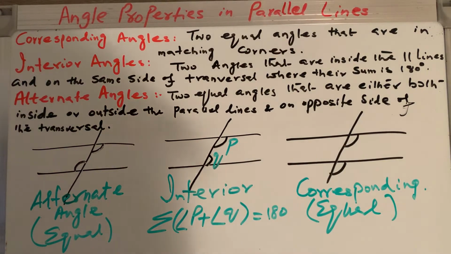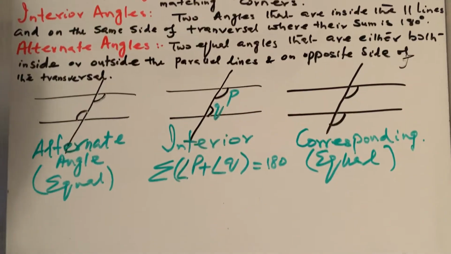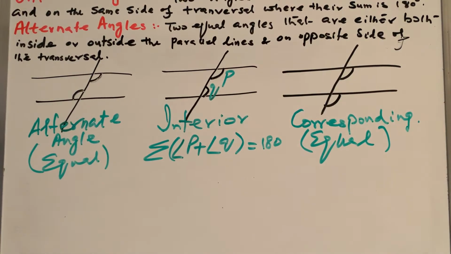Now we will do some more complex questions on this basis. We know how to check the angles when they are formed by a transversal line on parallel lines.